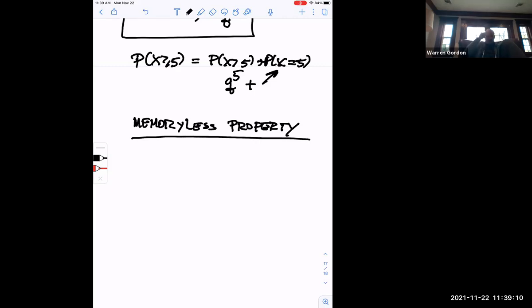That is, let me just say it and then I'll explain what it says. The probability that x is greater than k plus r, given x is greater than r, equals the probability that x is greater than k.